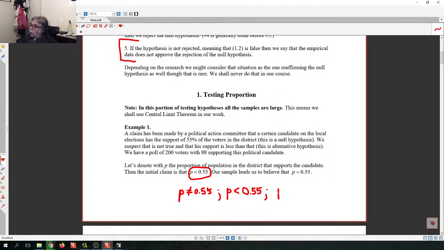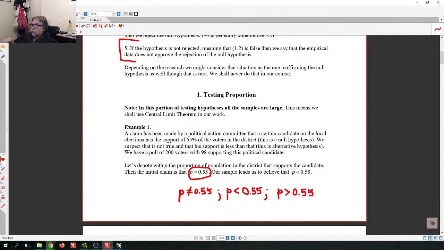Or you can say it's more. That the population proportion is more than 55%. Either one of these three would challenge the statement that P is 55%. Okay? This one is called a right tail alternative, so the larger numbers are on the right side. This one is called a left tail alternative, smaller numbers on the left side.